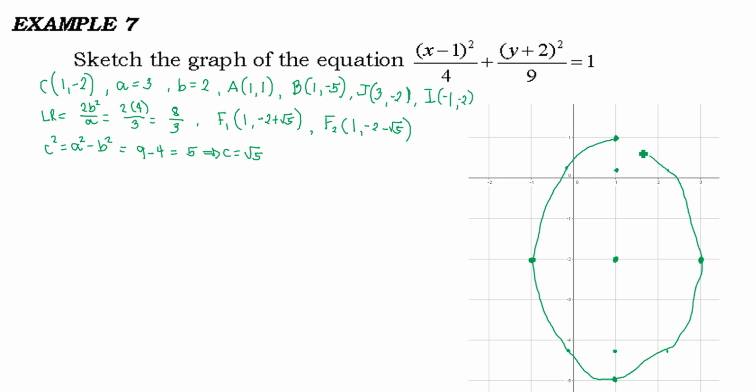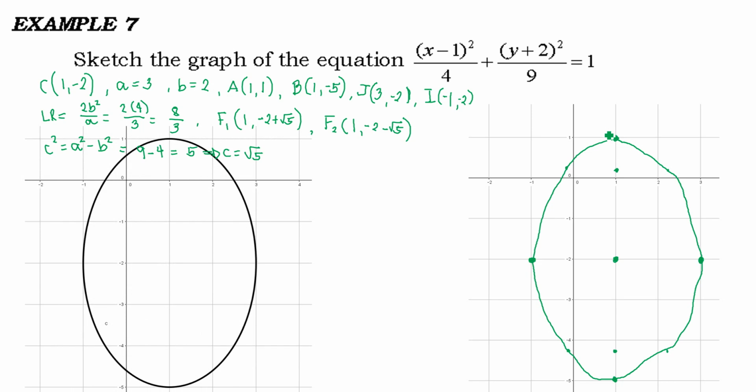So let's try to check. Okay, the center is this one. Ito ang center. Correct. Then we have 1, 1, and 1, negative 5. Then we have 3, negative 2. Ito.